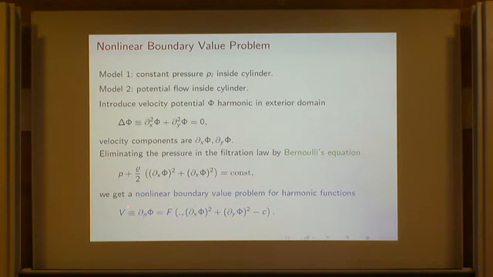And we end up with a nonlinear boundary value problem for harmonic functions. So we have the normal derivative, which is a function of the derivatives with respect to x and y, the modulus of the gradient.